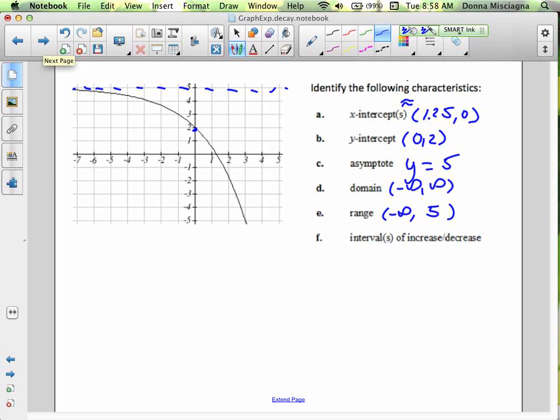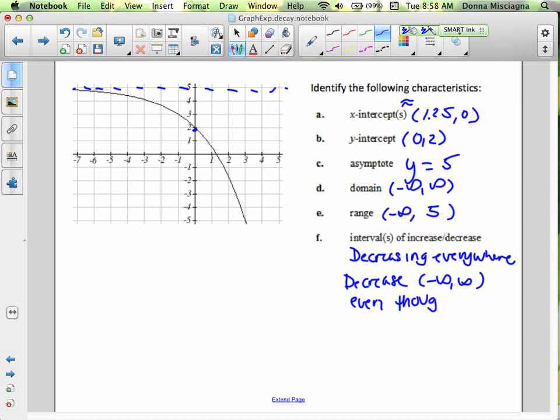It's decreasing everywhere, or decrease negative infinity to infinity, even though it's growth.